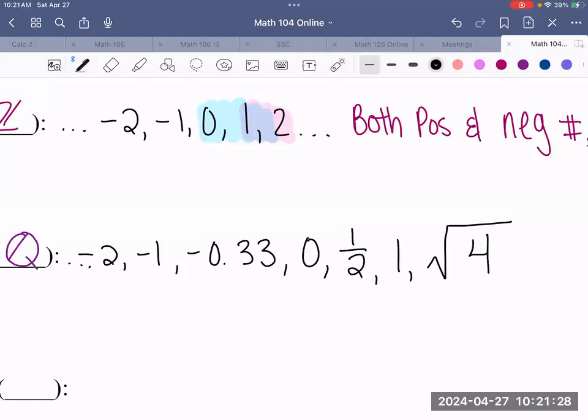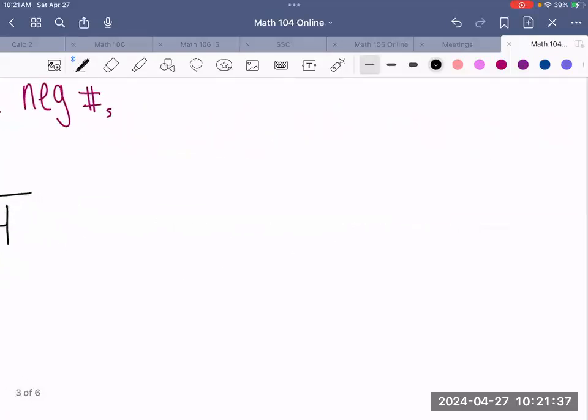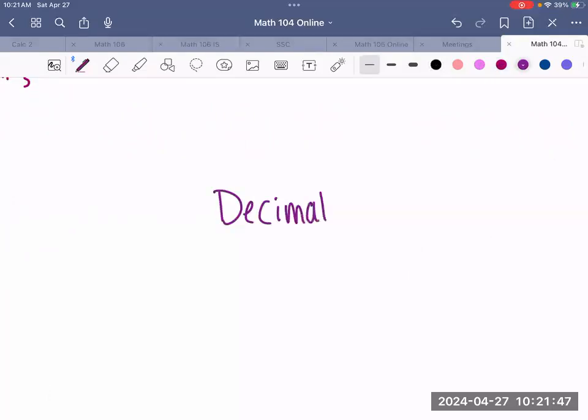Now, rational numbers have a few rules to them. If only it were so nice that we could say, hey, this actually is all square roots and all decimal places. No, that is actually not the case. So if we throw in the mix of decimals, decimals have to have certain conditions.